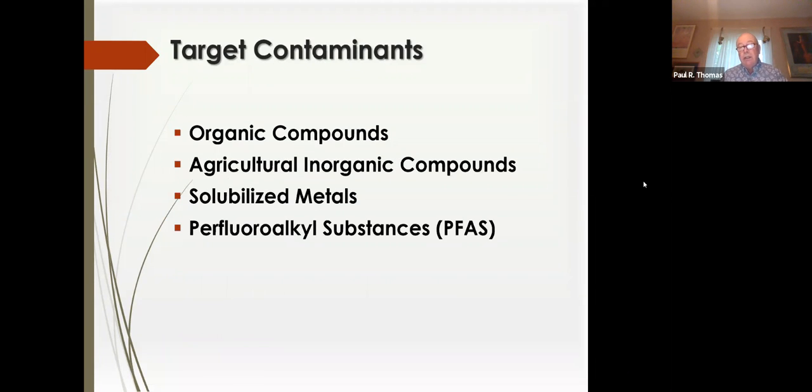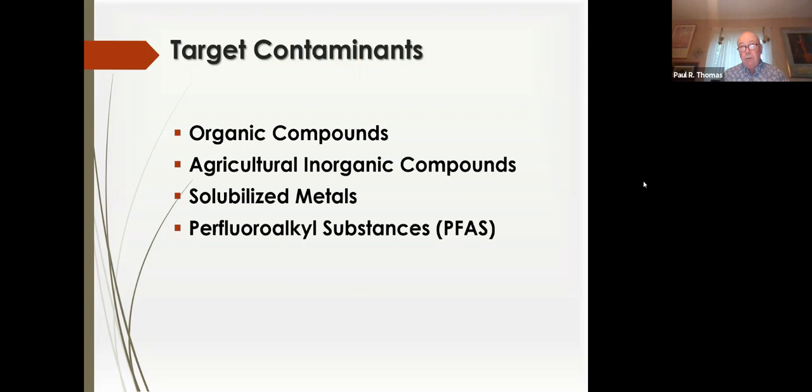So I just touched on this a bit, but the primary target contaminants for phytoremediation are organic compounds, and this would include volatile organics, which could be anything from petroleum to solvents to organic pesticides.